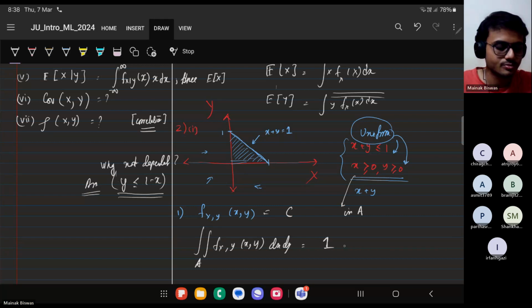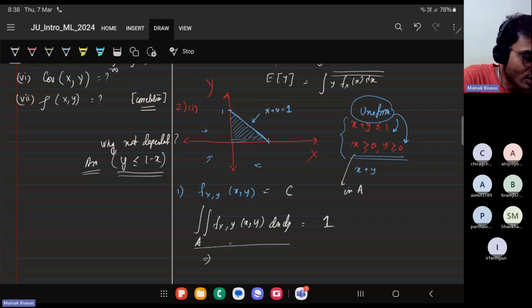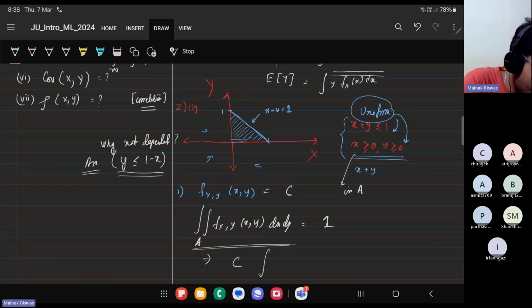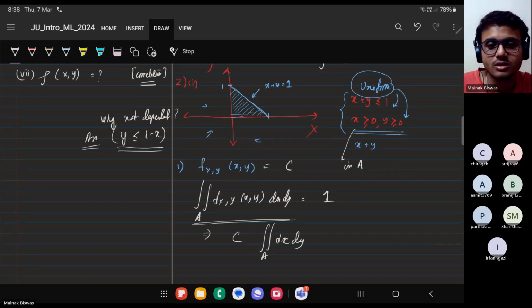Yes or no? Yes. But I know this area already. What is this integral? It is equivalent to c times dx dy in this area, which is equivalent to the area of the triangle.